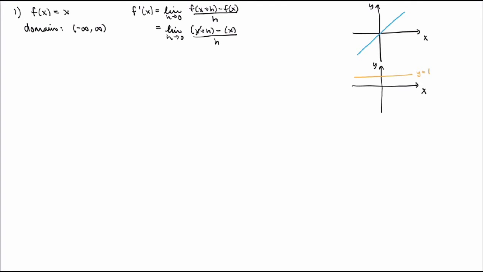Now you see that the x's cancel, so I have the limit as h goes to 0 of h over h. And I can simplify by dividing upstairs and downstairs by h, because as we've seen when we studied limits, we can assume that h is not equal to 0 inside the limit. So I get the limit as h goes to 0 of 1, which is indeed just 1. So that's correct. That's exactly what I had from the graph. The derivative function is just the constant function 1.